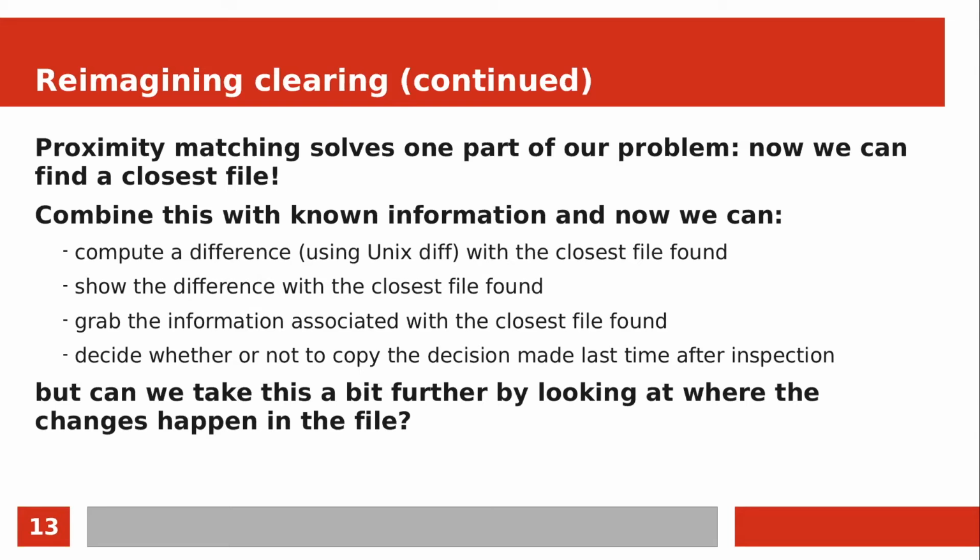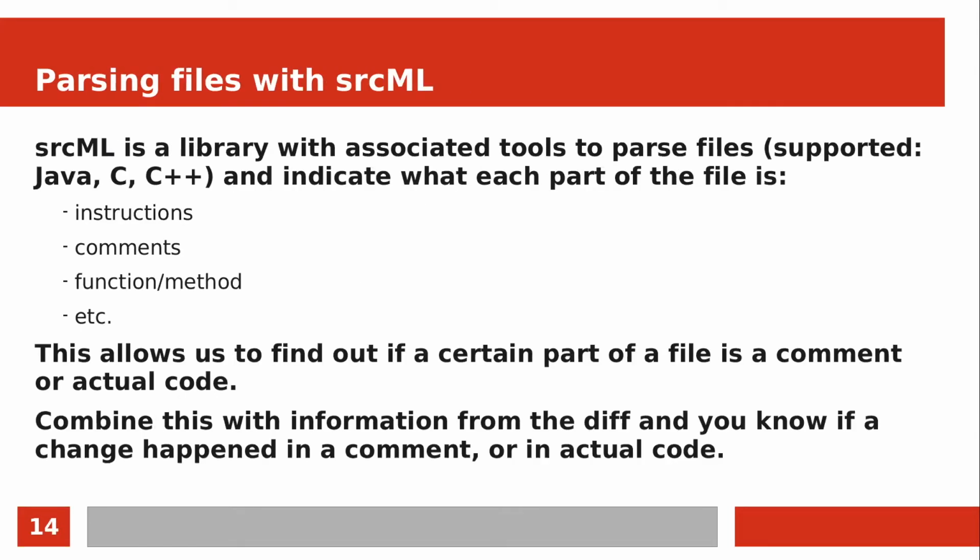But we can probably take this a little bit further by looking at where the changes happen in the file as well. There's a tool called SourceML, which parses a file and annotates it with information about what type each line or each token of the file is. For example, is it an instruction? Is it a comment?